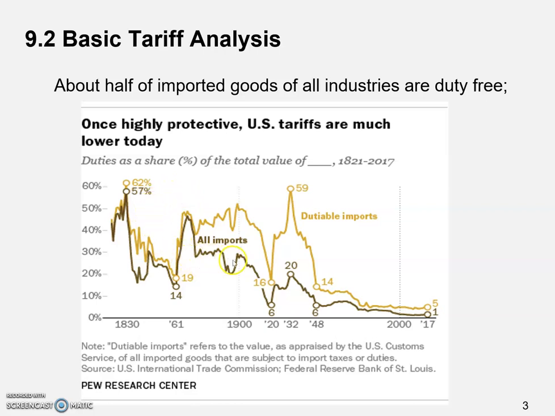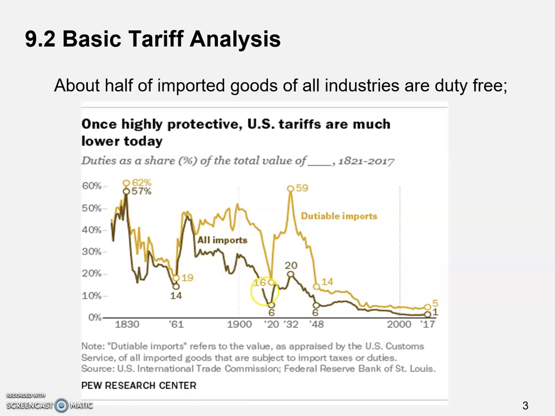In fact, at some points in history, tariff revenue was one of the primary revenues for the U.S. government.